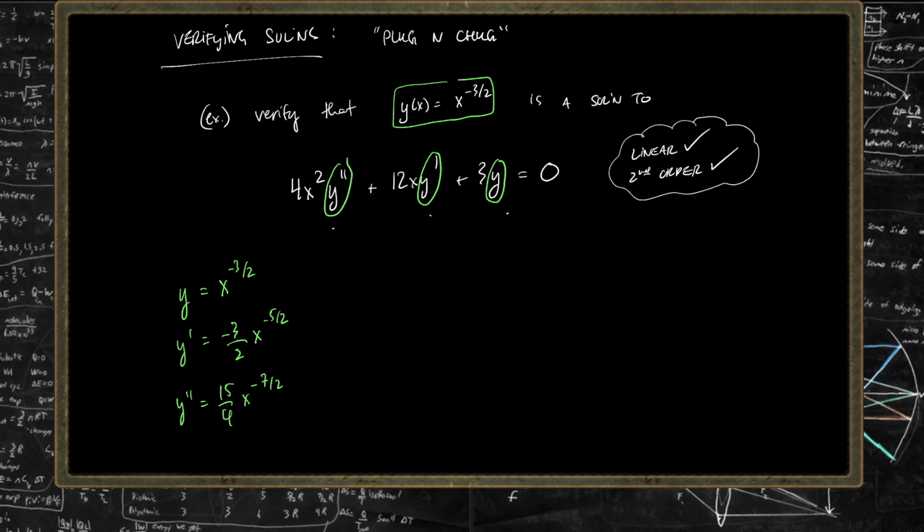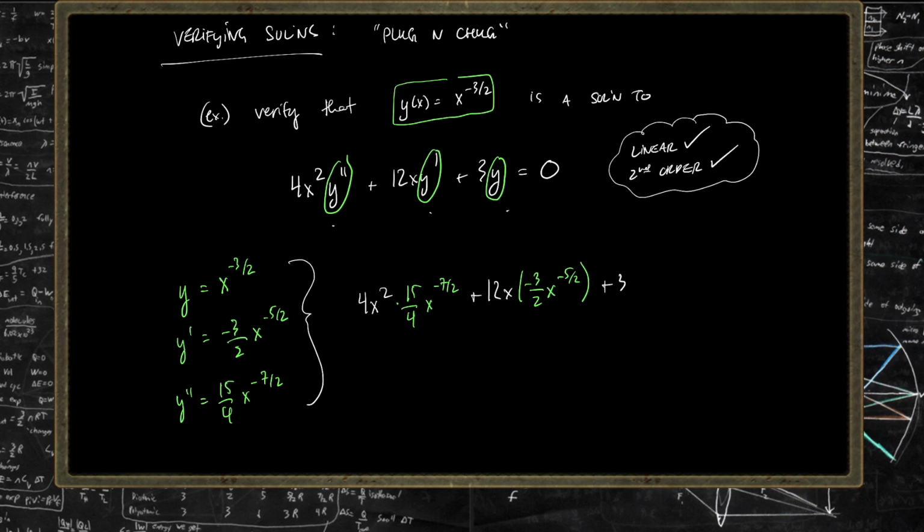So then to check and see, is this a solution to our DE? We simply plug it in and verify. So 15 over 4 x to the minus 7 halves plus 12x times y prime, which we said was negative 3 halves x to the minus 5 halves, plus 3 times y, which we said was x to the minus 3 halves.